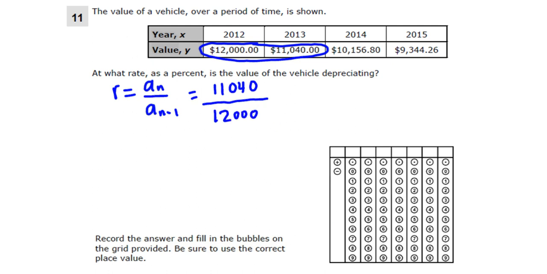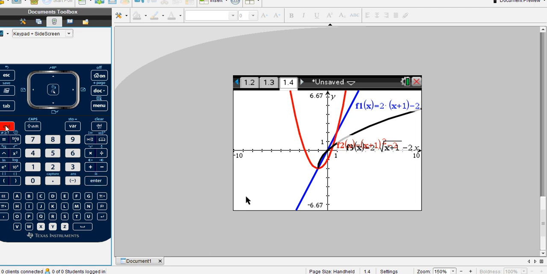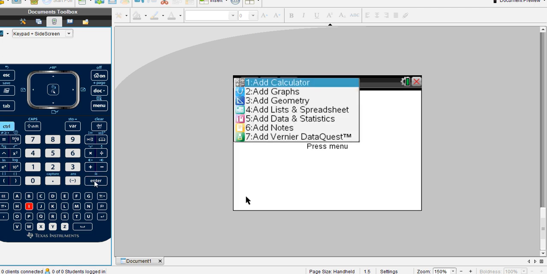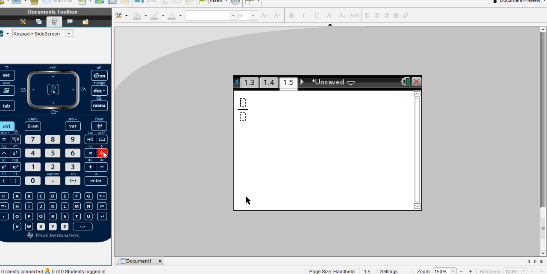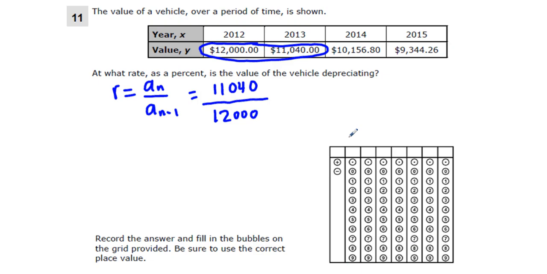We go to our calculator: 11,040 divided by 12,000. We get 23 over 25, and to get a decimal equivalent, we press Control Enter. We get 0.92. If you're not careful, you might be tempted to write 0.92 as an answer.